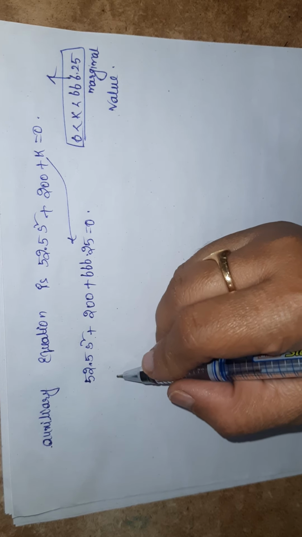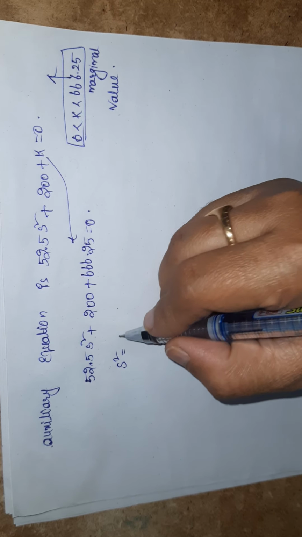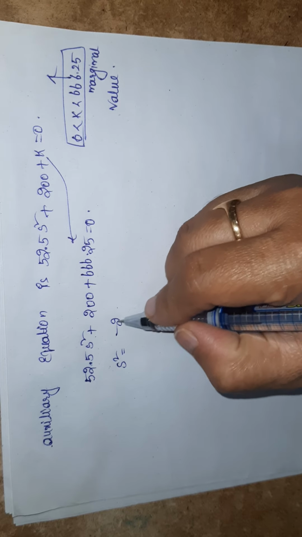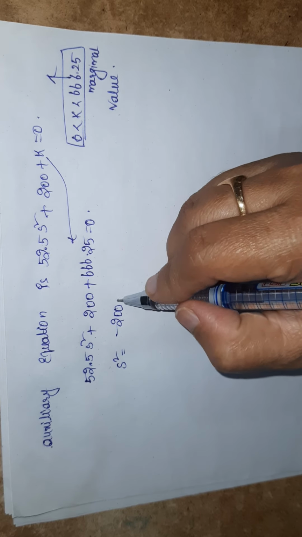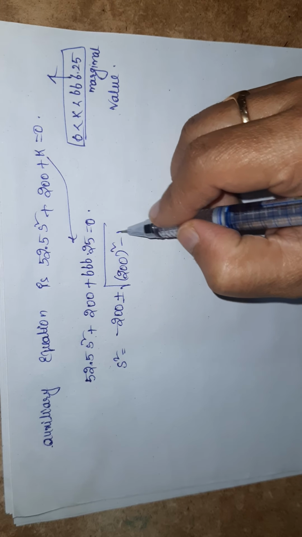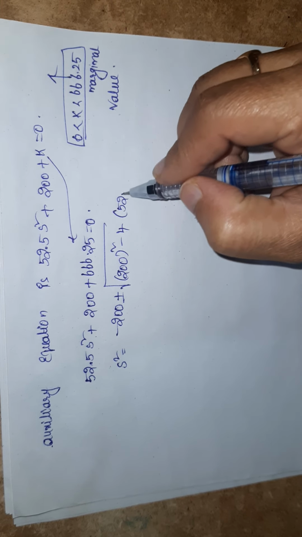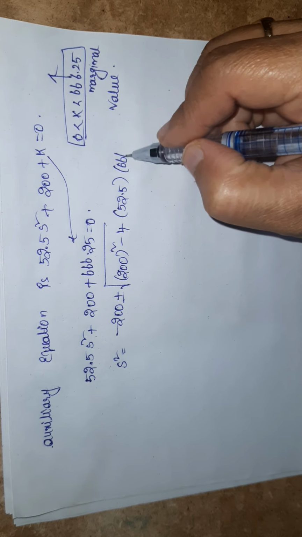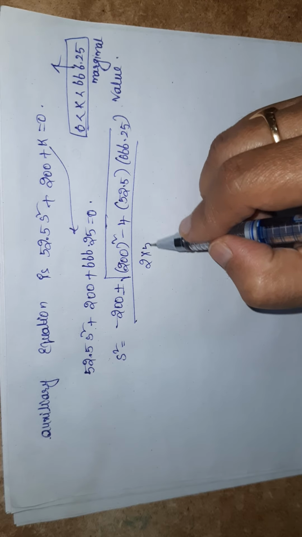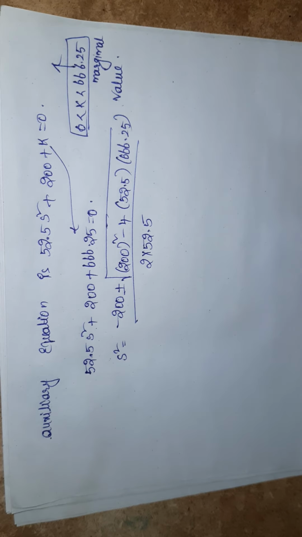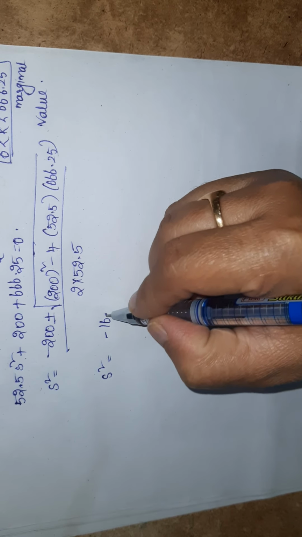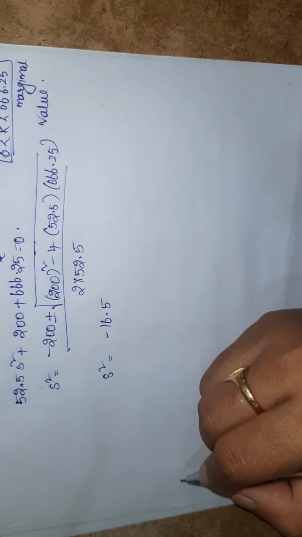After finding the roots, s square is equal to, how to calculate the roots: minus b plus or minus root of b square minus 4ac by 2a. After simplification, I got s square is equal to minus 16.5.